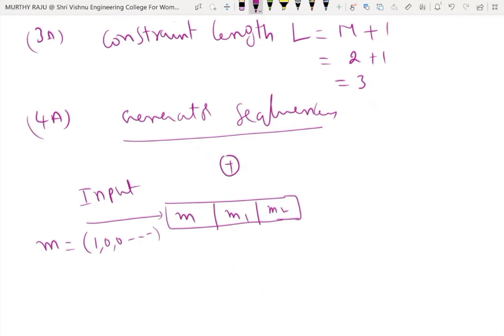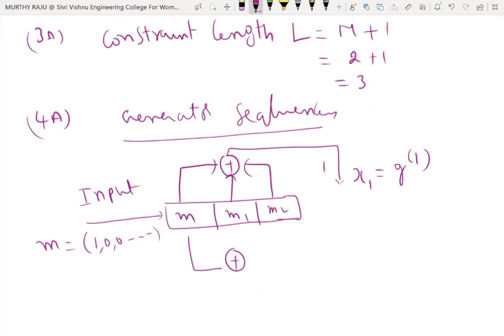Here x1 is equal to g of 1, and x2 is equal to g of 2.